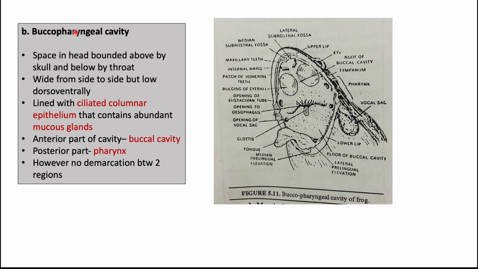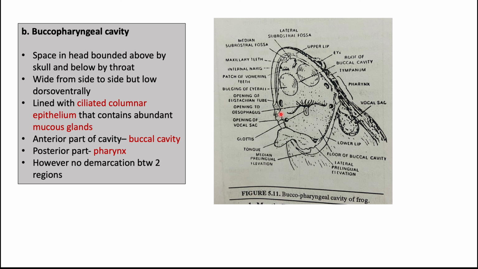Now coming to the buccopharyngeal cavity, it is a space. Here we can see this is the buccopharyngeal cavity and this is the space in the head. Yes, we can see it's bounded above by the skull and below by the throat. So this is our buccopharyngeal cavity.